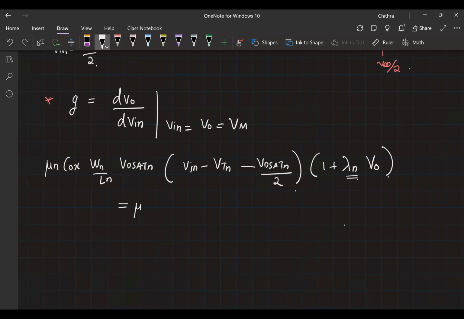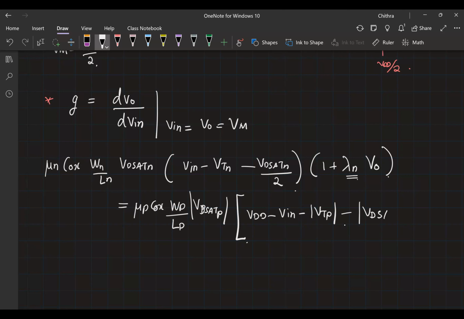So this will be equal to mu p COX Wp by Lp into mod VD sat p, VDD minus Vn minus mod VTP minus mod VD sat p by 2, into 1 plus lambda p into VDD minus V0.